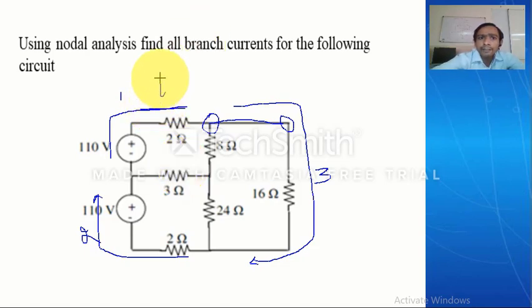Suppose I1 is the current in this branch element, I2 is the current in this branch element, and I3 is the current in the third branch element. So by KCL, I1 must be equal to I2 plus I3.